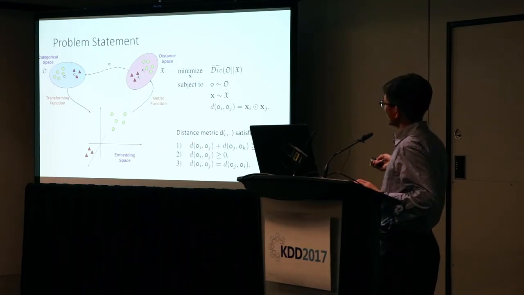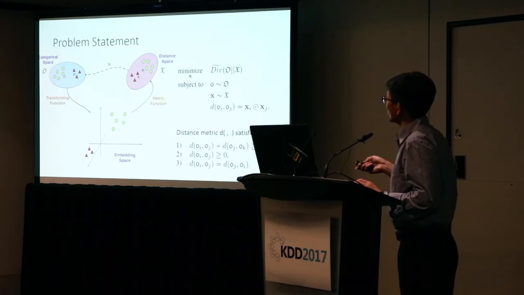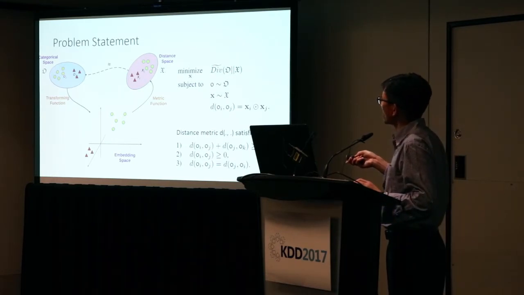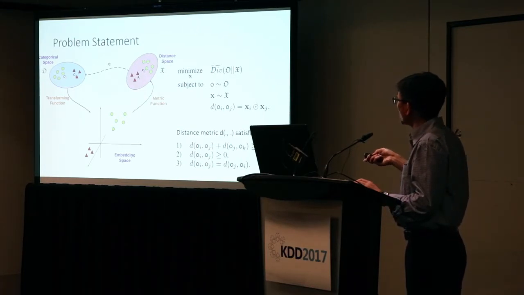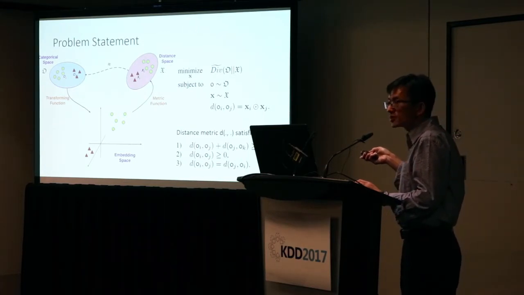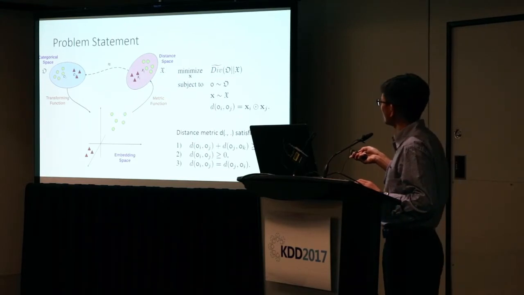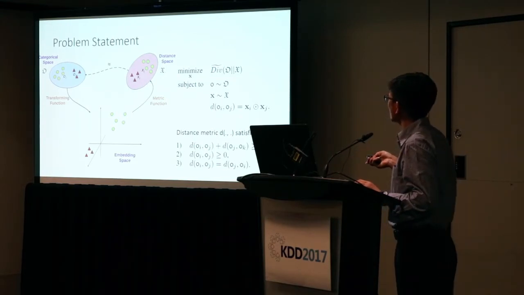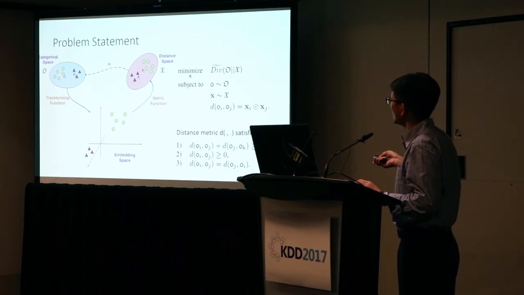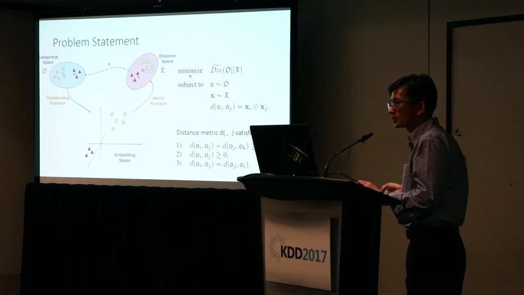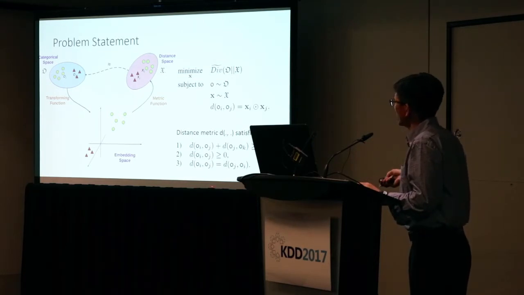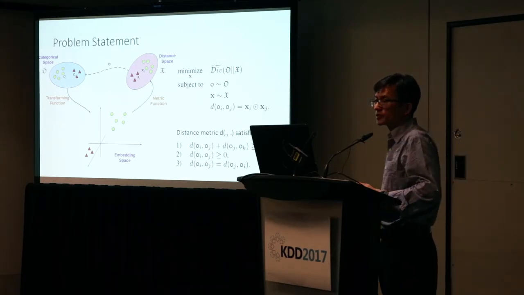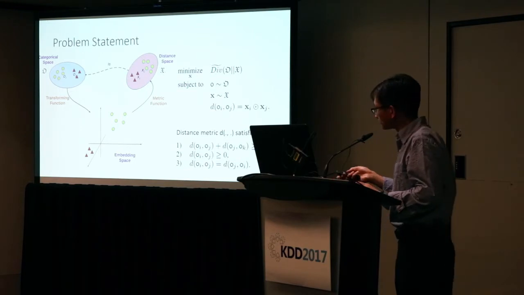That's the task. Rather than calculating the distance between Oi and Oj, here we convert to another problem: in this distance space, calculating the distance between two vectors xi and xj, in this learned metric space. Metric means you need to satisfy the properties of a metric, right?